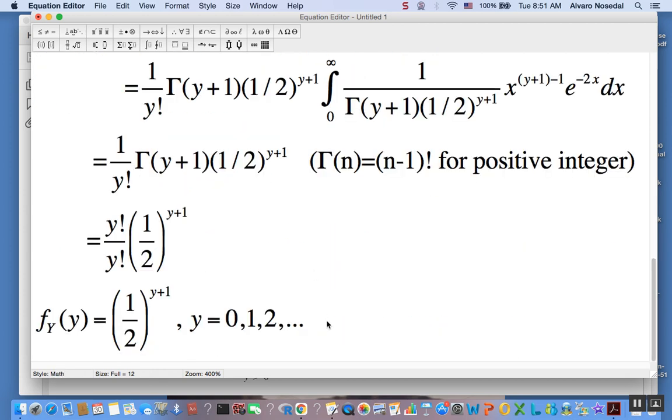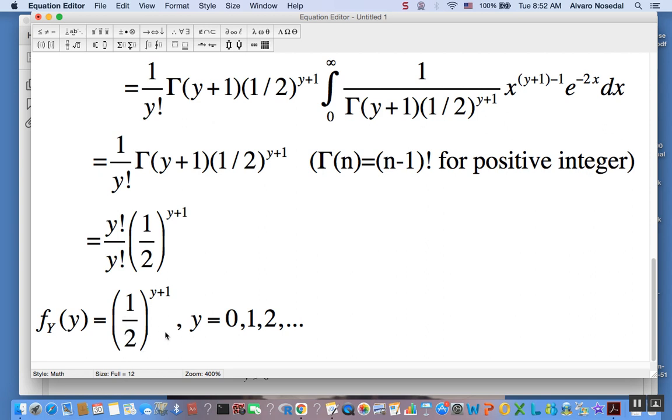Now it's really reassuring to see that kind of expression, because we know that if we have a legit probability mass function, because this guy is discrete, then if we sum the PMF over all values, we should end up with a 1, and that's the case here. That would be 1/2 to the y plus 1 power when y is 0.